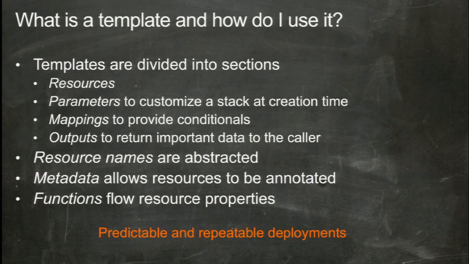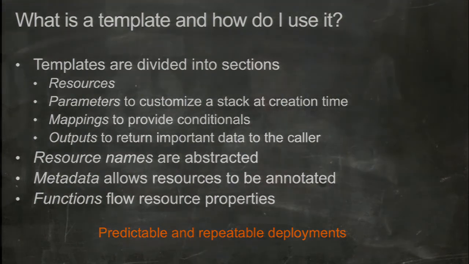The final one is a bunch of functions that you can specify inside a template. So not only can you specify actual values for the properties, but we give you a bunch of functions so that you can reference other things from within the template, or you can get attributes. For example, the availability zone of an instance that got created, I can use somewhere else in the template.